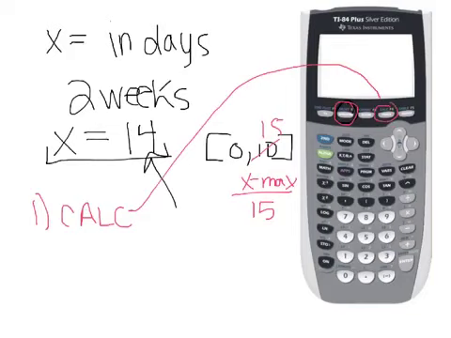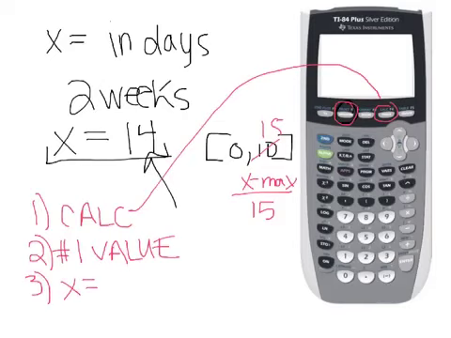and then we can choose option number 1, which says value. Once I select value by pressing enter, that's going to bring me back to my graph, and there should be a blinking cursor that says X equals.